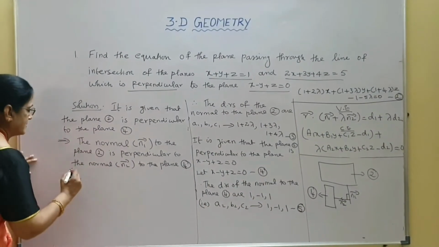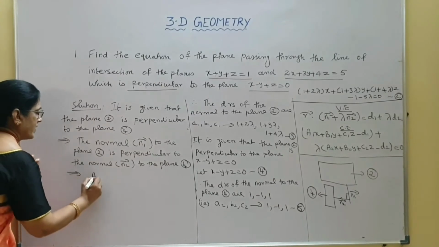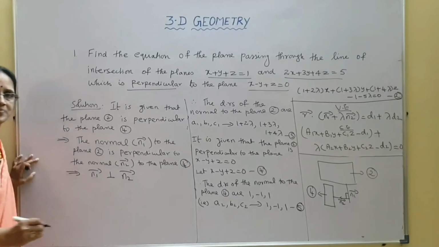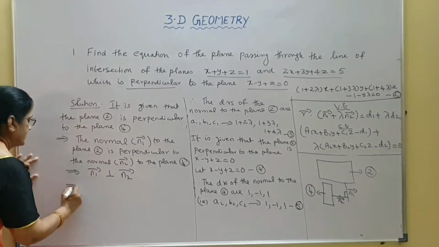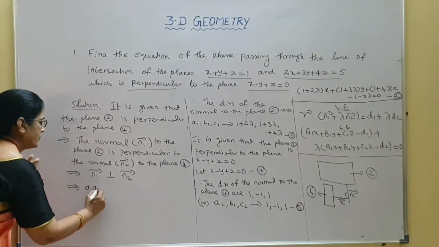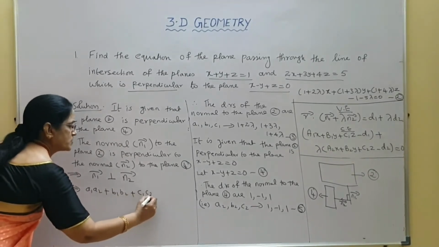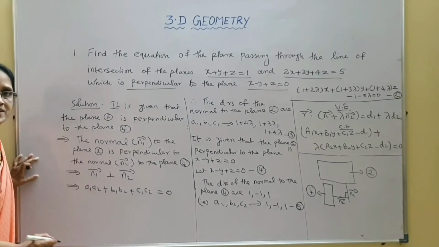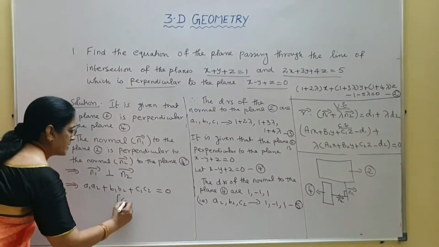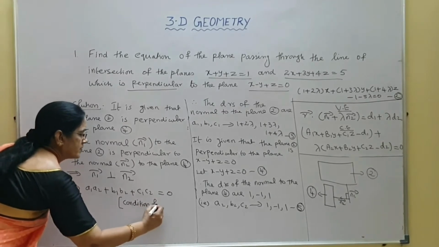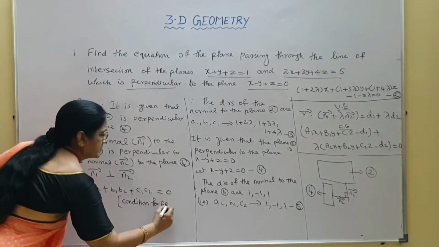This implies vector n1 is perpendicular to vector n2. That is, a1 a2 plus b1 b2 plus c1 c2 should be equal to 0. This is the condition for perpendicularity.